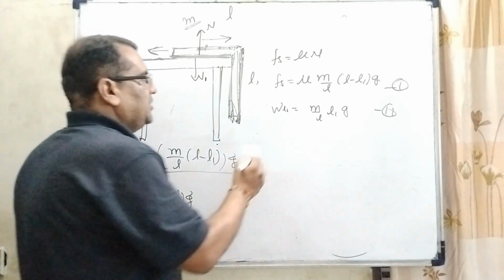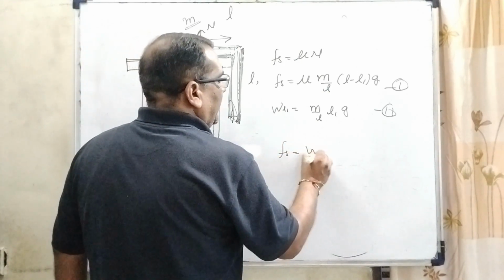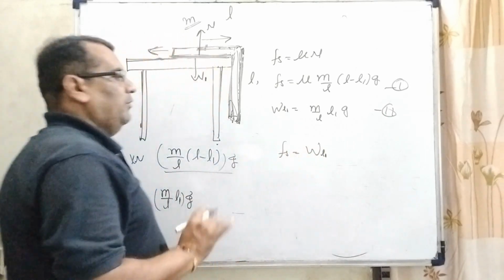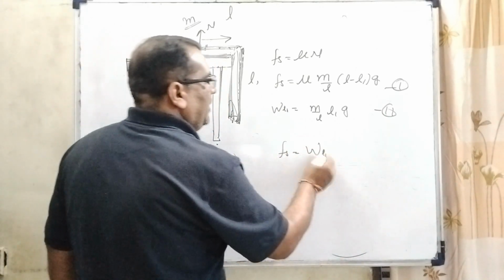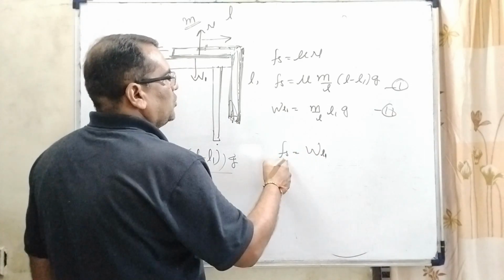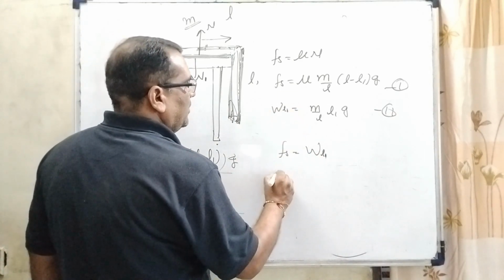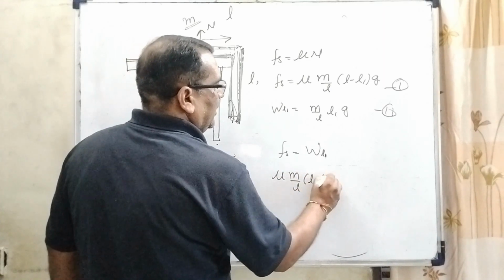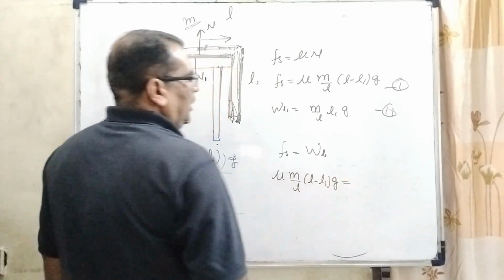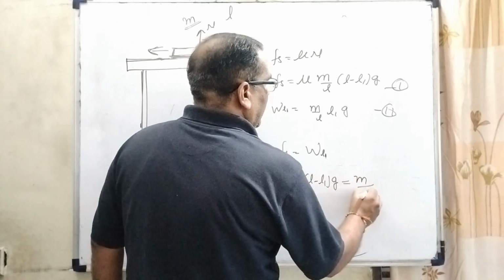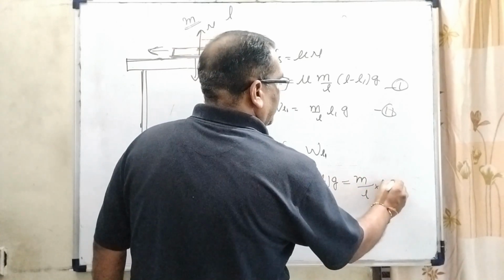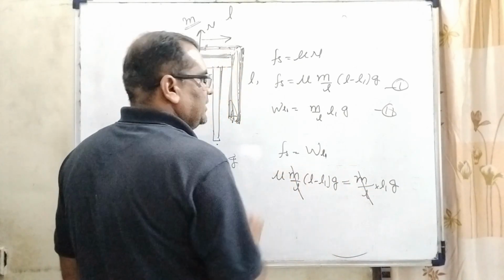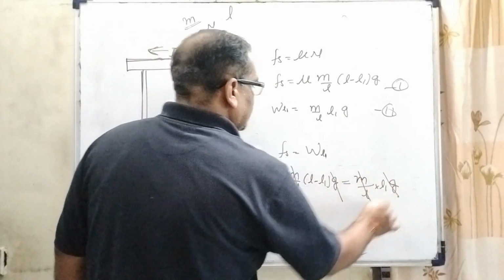In the balance condition, this friction force and the weight of the hanging part are equal. For our convenience, we have given the name WL1. So Fs, what is the value of Fs? Mu into m by L into L minus L1 into g equal to m by L into L1 into g. Okay, m by L gets cancelled out, g cancels out.